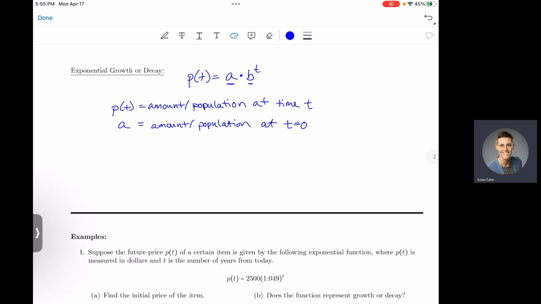And then your B value here, that's your base. Basically, it's going to tell you whether you have growth or decay, and it's going to decide how fast or slow you grow or decay. If that B value is greater than 1, then we have exponential growth.